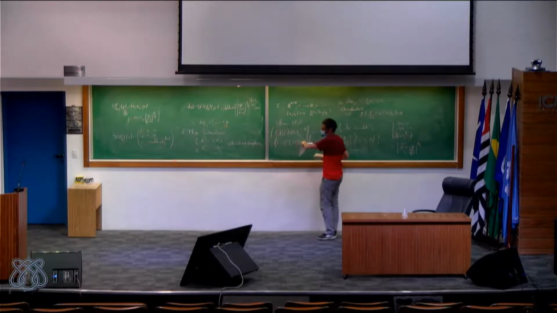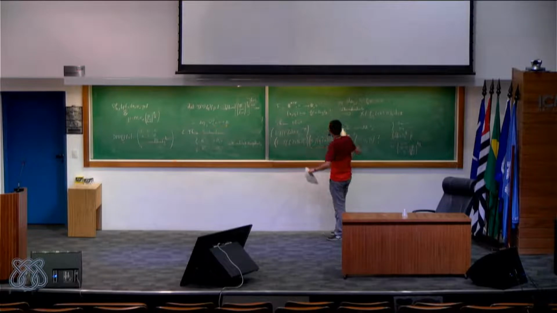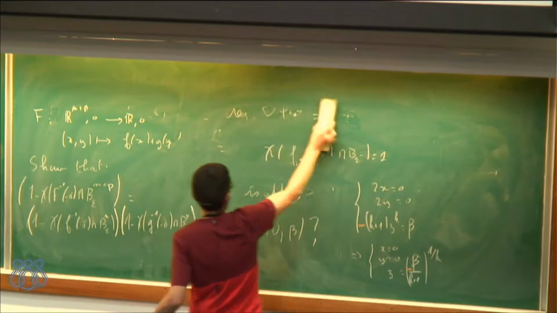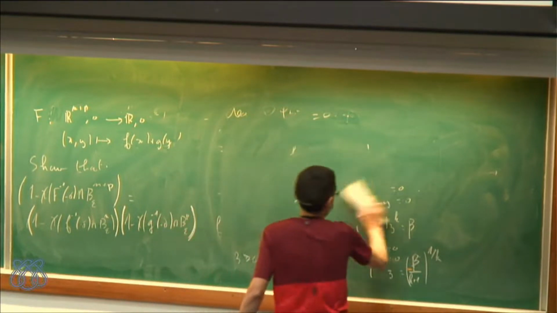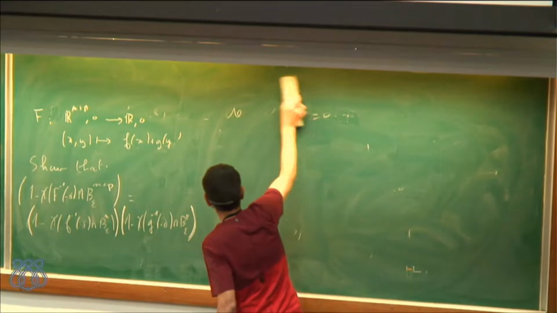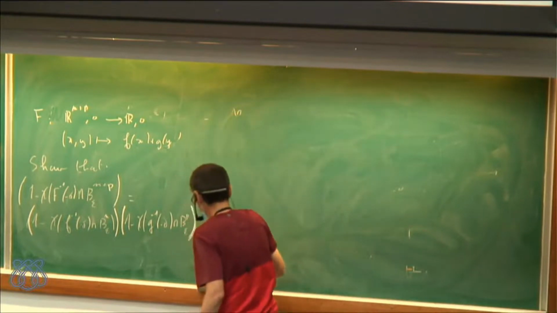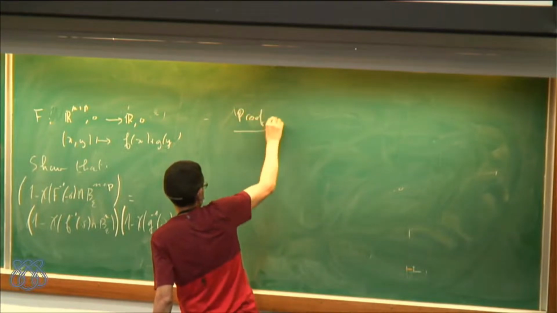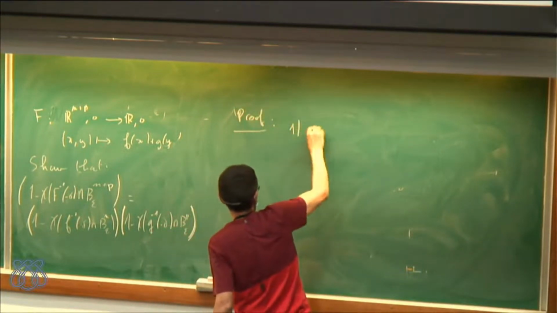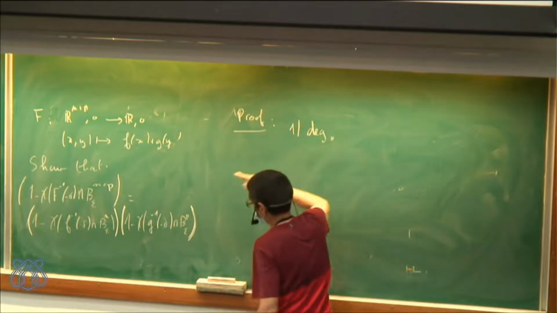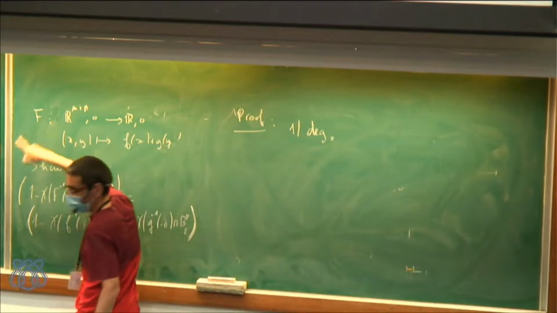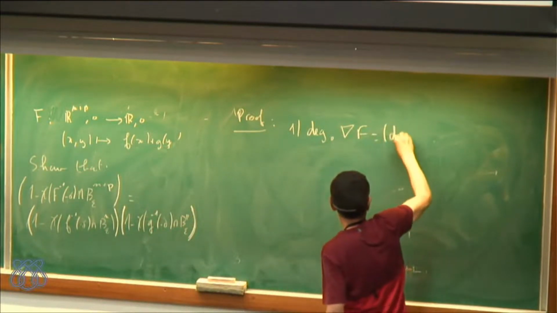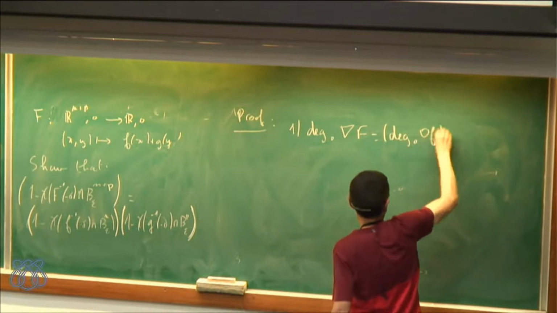Let us prove that. Oh, I have just 5 minutes only. So the proof is easy. It's an application of the Kim-Chashvili formula. First step. So this is not the degree of F, I'm sorry, but of the gradient of F. We have this.